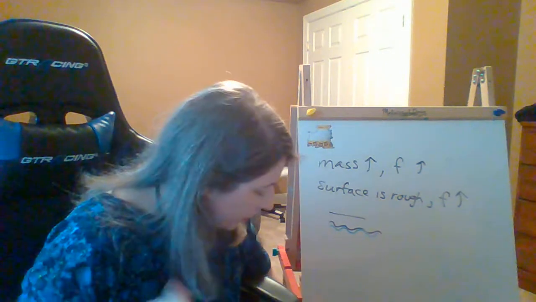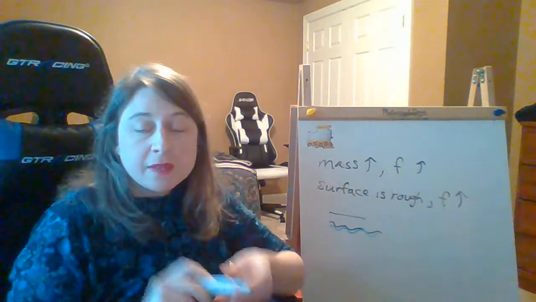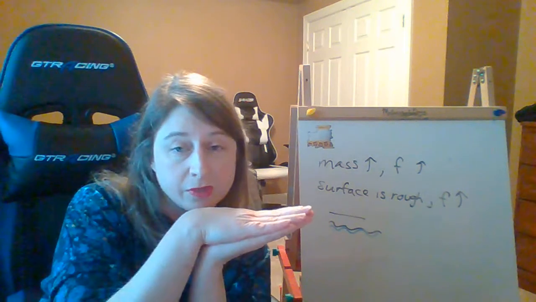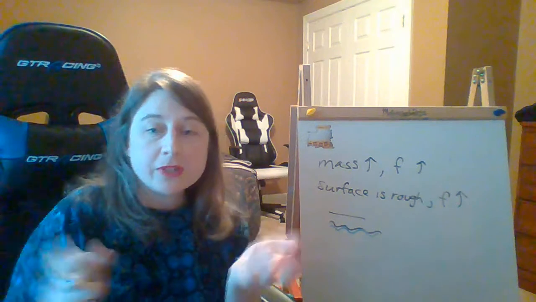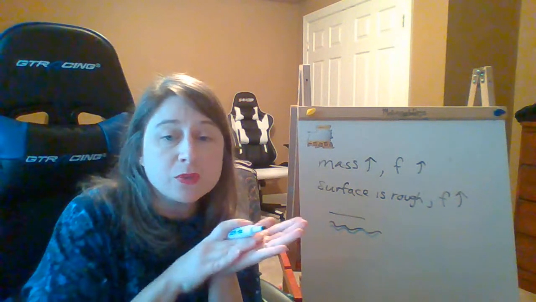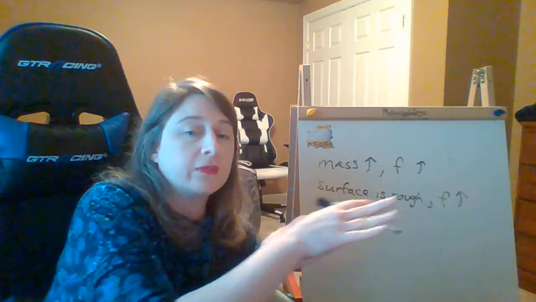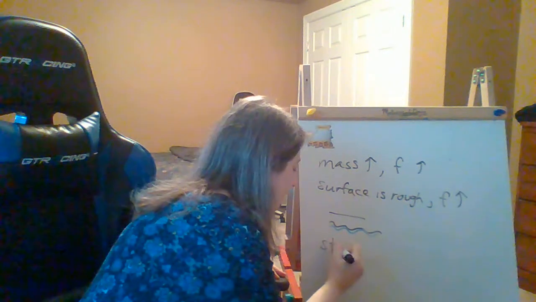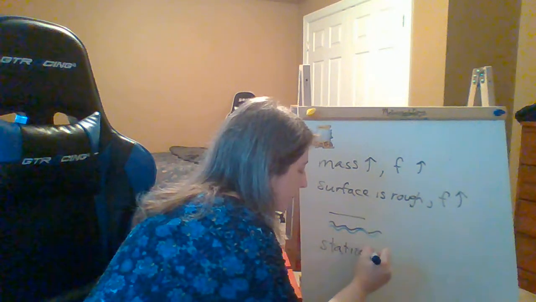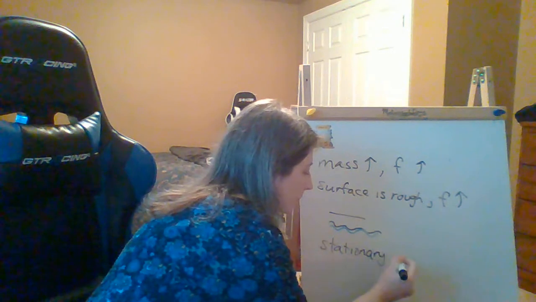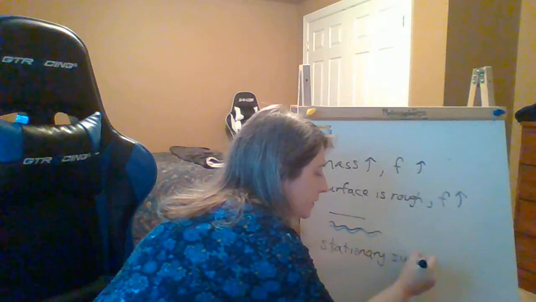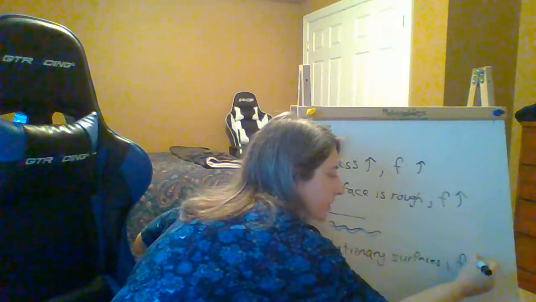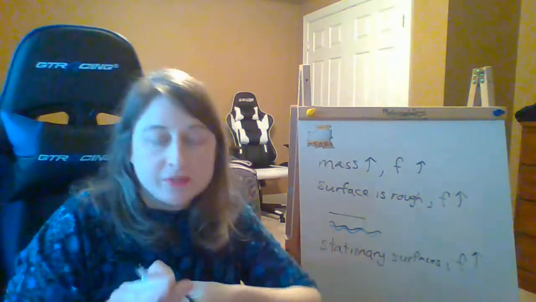And also, if two surfaces are stationary relative to each other, then friction between them is higher than if those same two surfaces are moving relative to each other. So stationary surfaces have higher friction relative to each other.